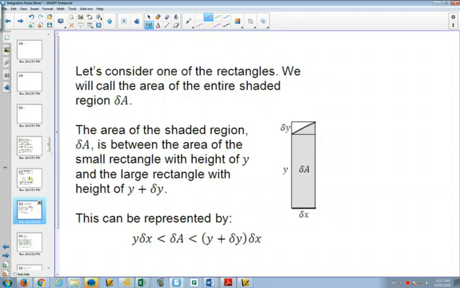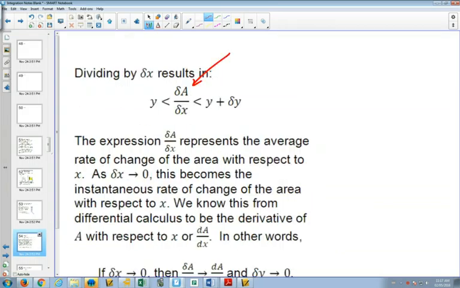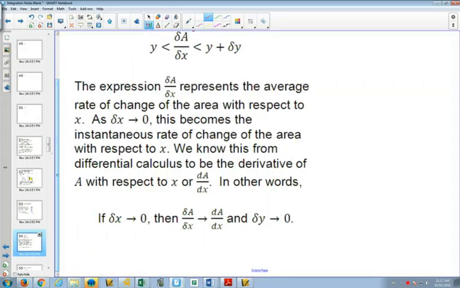Does it make sense that as delta x goes to 0, the delta y would also get smaller and smaller and basically go to 0 as well? Eventually, when they get to 0, you've just got a thin line that's basically the same height as the function. So as delta x goes to 0, delta y will go to 0.